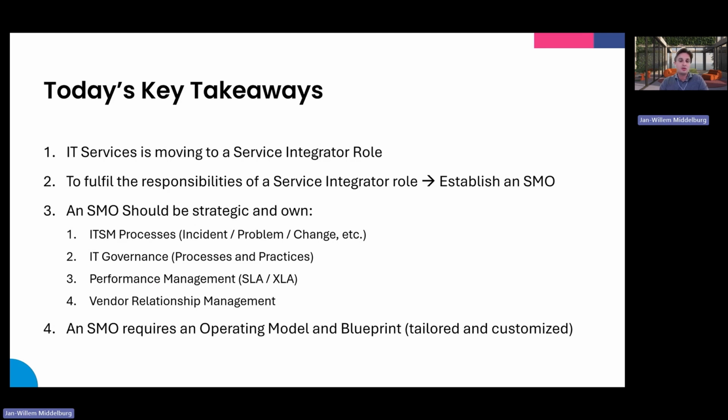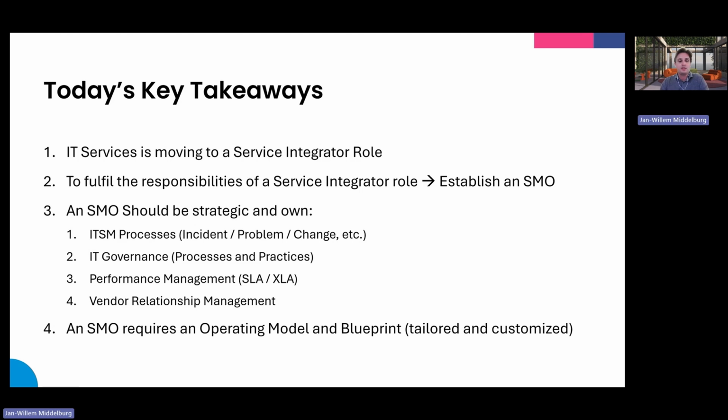And because organizations are shifting to this service integrator role, you need to have a way to manage and coordinate those different vendors. And this is exactly where the SMO comes in. Establishing an SMO gives you control over your vendors. It establishes proper processes and governance structures, and it centralizes knowledge around IT services in one central location.